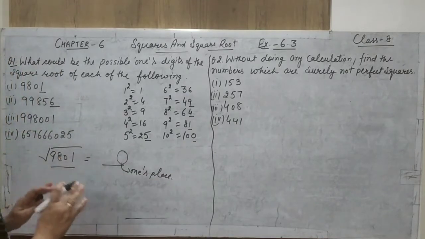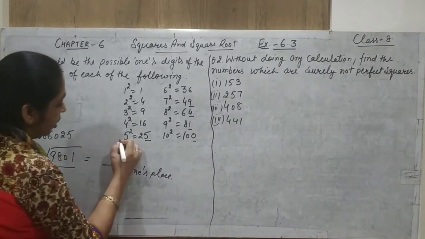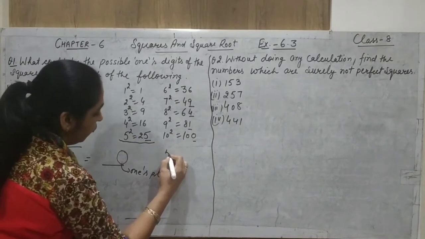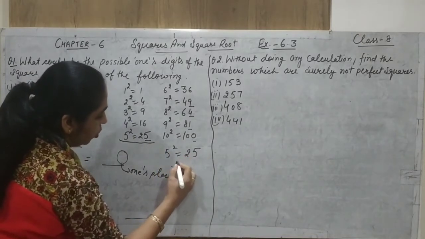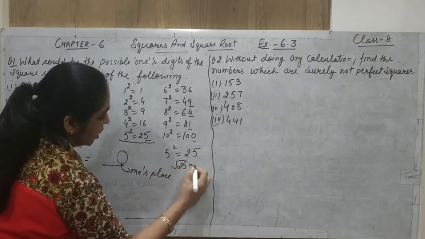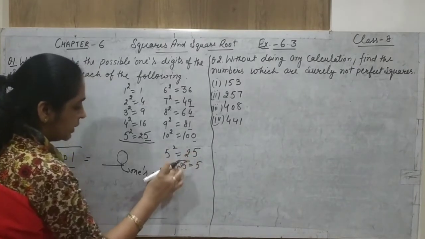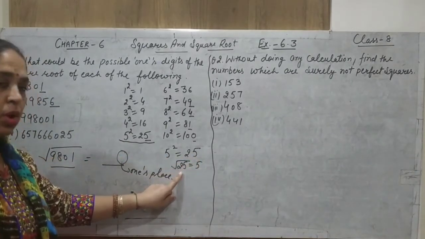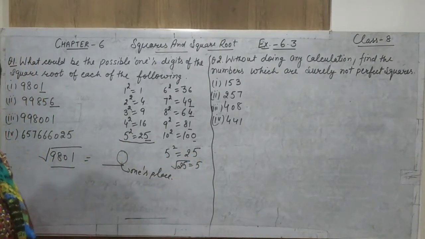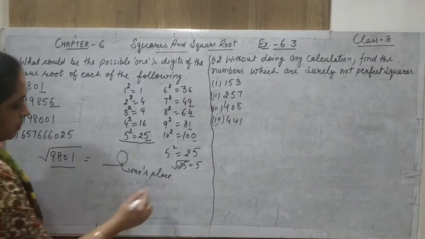Now understand the concept. Let us understand for only 5 square. Now if 5 square is equal to 25, then root of 25 is equal to 5. These are the reciprocal terms now. 5 square 25, root of 25 is equal to 5. Now understand the concept.